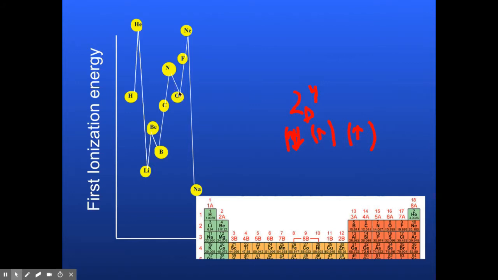And therefore, that last electron for oxygen is less attracted to the nucleus because this other electron wants to get rid of it. So the first paired electron is going to be less attracted to the nucleus because it's being repulsed by the other electron there. All right.